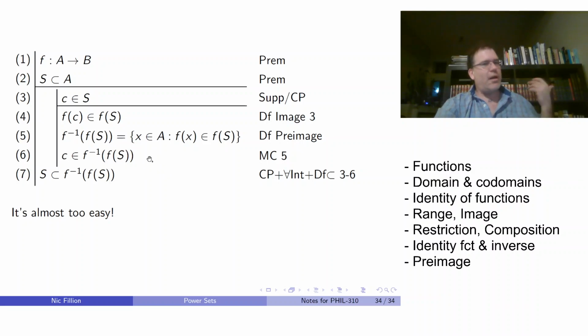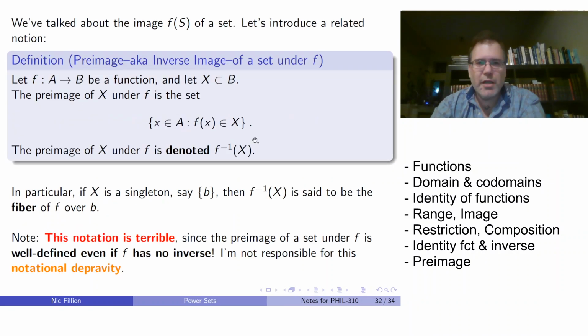Now, the first thing I'm asking myself when I have a subgoal like that is, let me try to write the membership condition for the inverse image, right? So I go back to my definition here, and I have the definition of the pre-image of the set X under F. And I'm like, okay, but now I'm not taking the pre-image of X, I'm taking the pre-image of F of S. So I'm just going to rewrite that, replacing capital X with F of S, right?